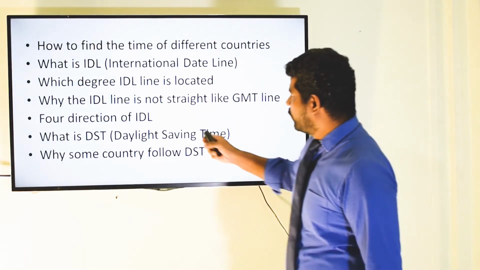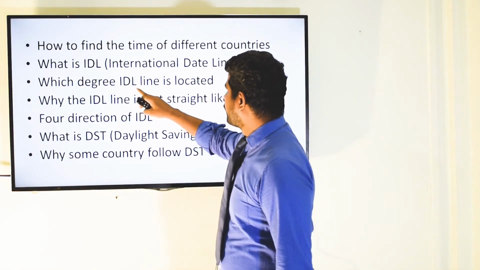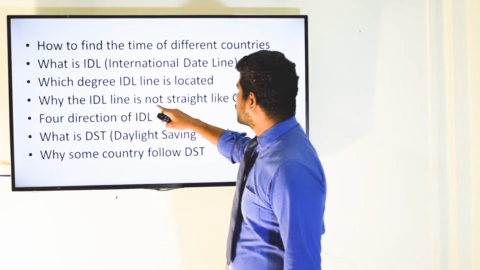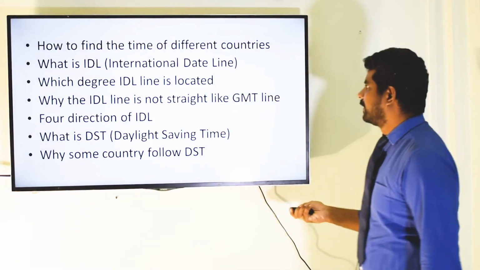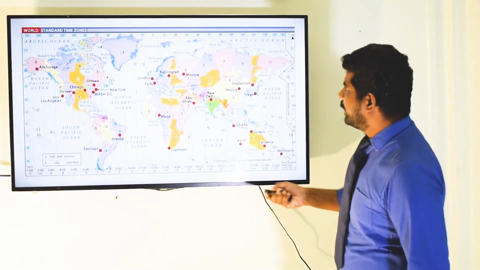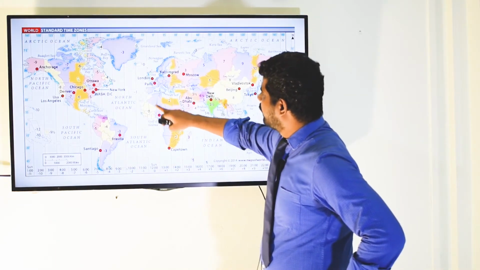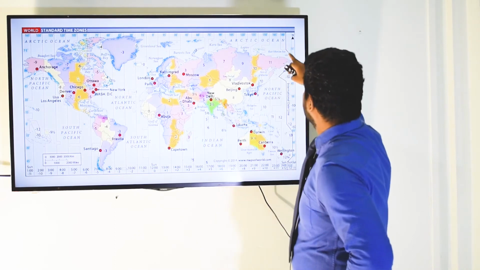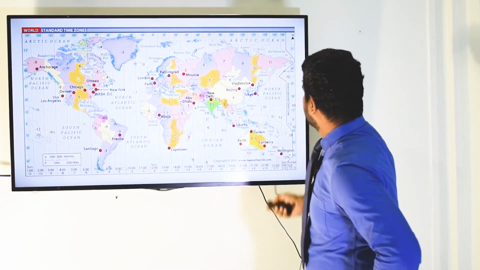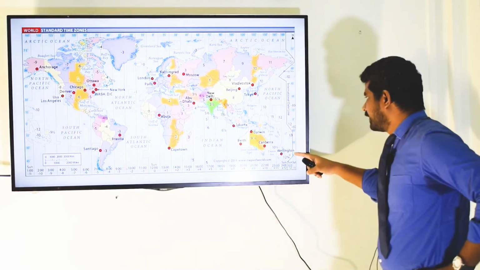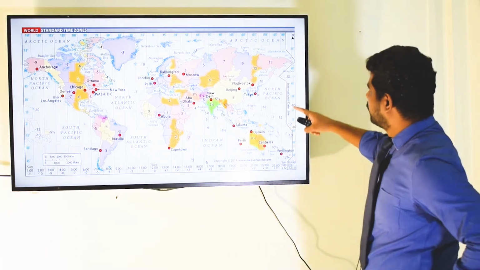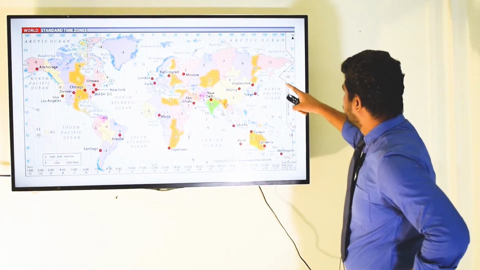And next we are going to look at why the IDL line is not straight like the GMT line, right? If you look here, this is the 0 GMT line, and here, the International Dateline, right? Why is the International Dateline not straight, why is it bending like that?